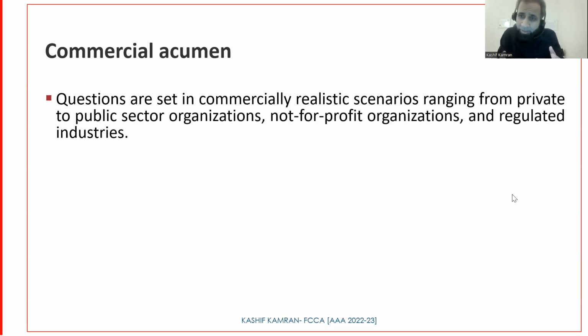Now, there is diversity of organizations which comes in the AAA paper, and every organization has a different external environment, issues, challenges, risks, problems, weaknesses, and the auditor should have a know-how. Auditor should have a know-how of a family business and how it's run.